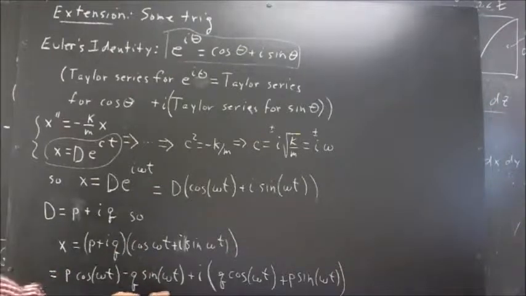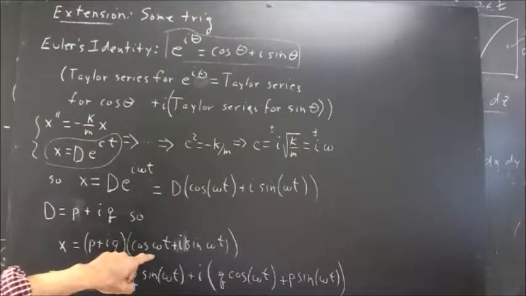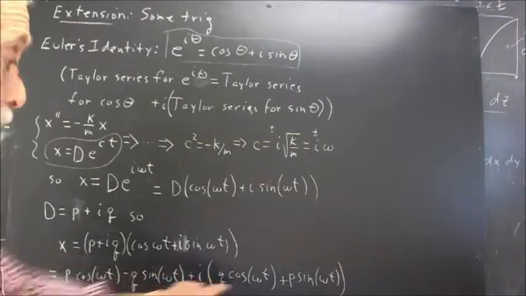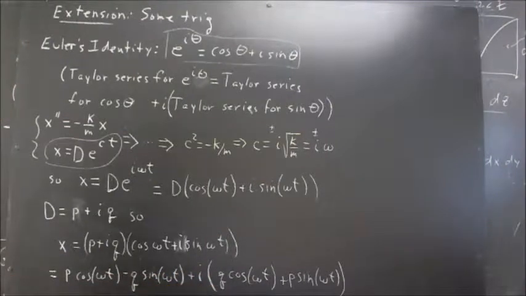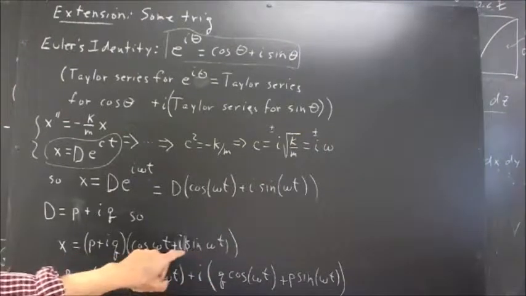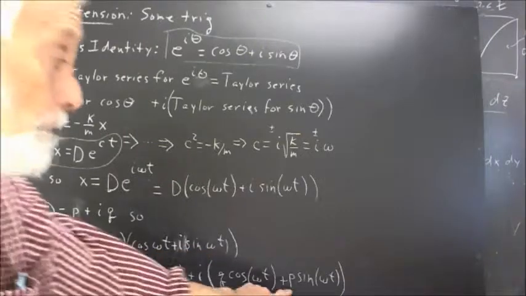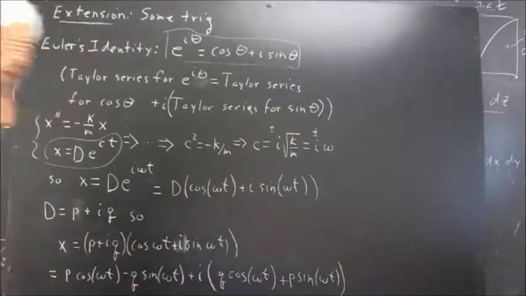And we get this real part of the expression. Okay? And then we get the imaginary part. iq times cosine omega t, well, there's your q cosine omega t with an i coefficient. And p times i sine omega t, there's your p sine omega t with the i coefficient.